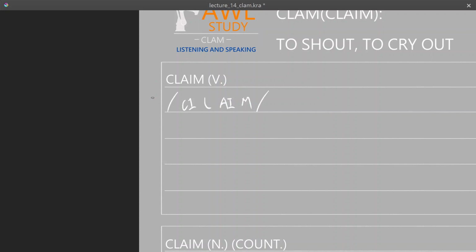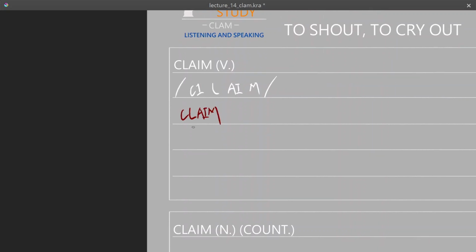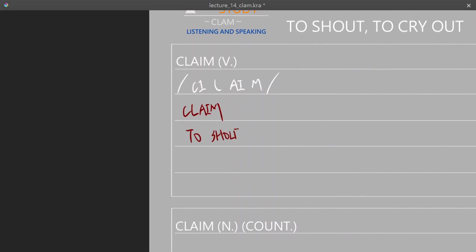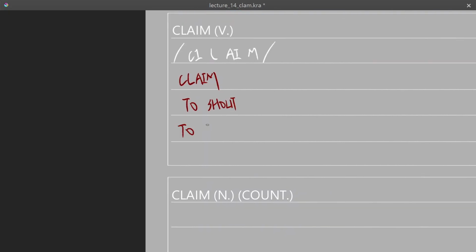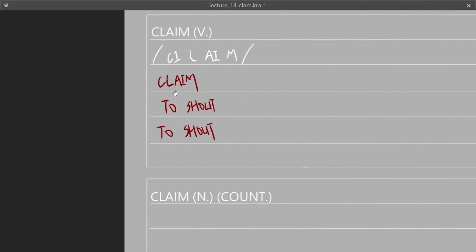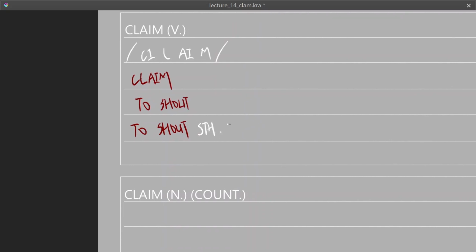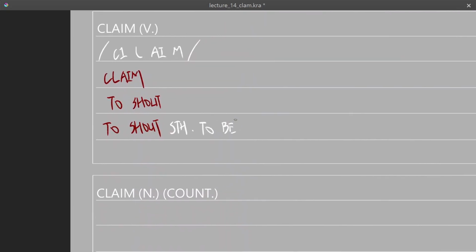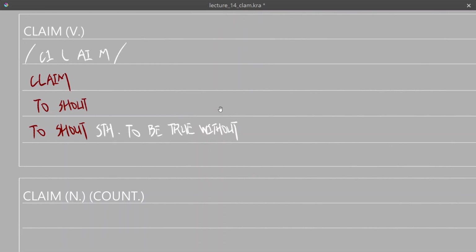And since it's an independent use of the root, write down claim, meaning to shout or to cry out. So it literally means to shout. To shout what? To shout something to be true without verification.